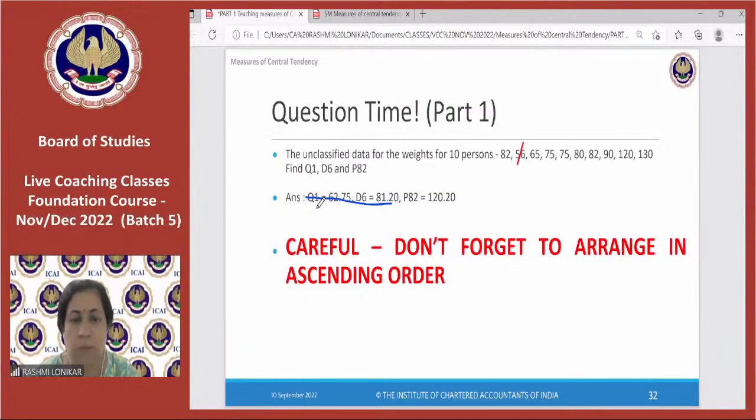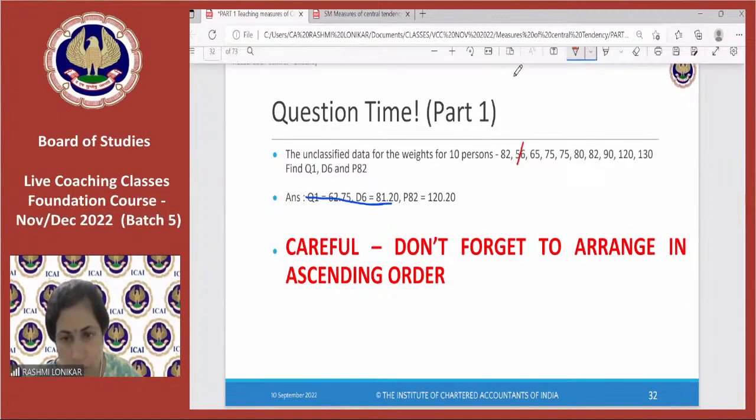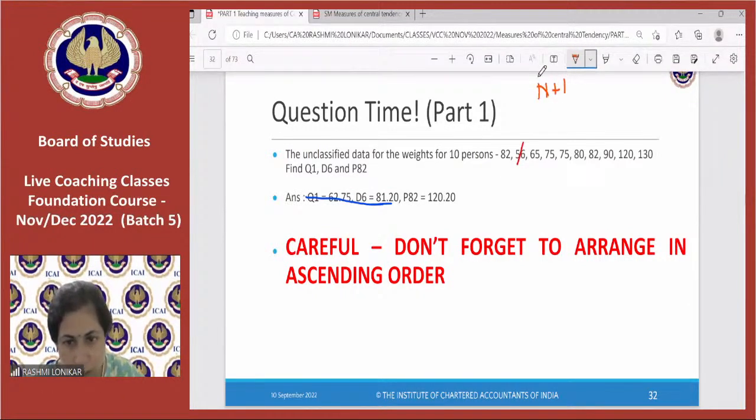Always remember, in all these cases, mean, deciles, quartiles, don't forget to rearrange in ascending or descending order and then only apply. When you have ungrouped frequency data, you have to use the (n plus 1)p-th term.